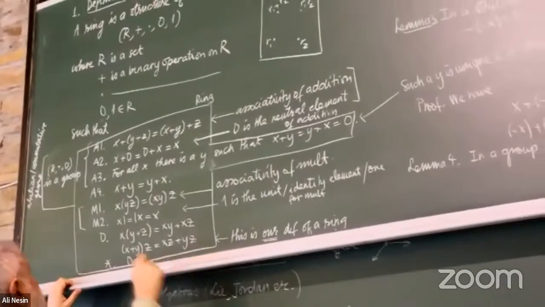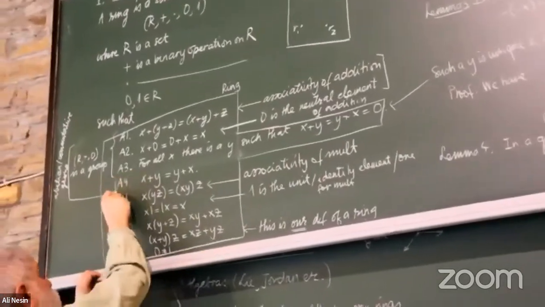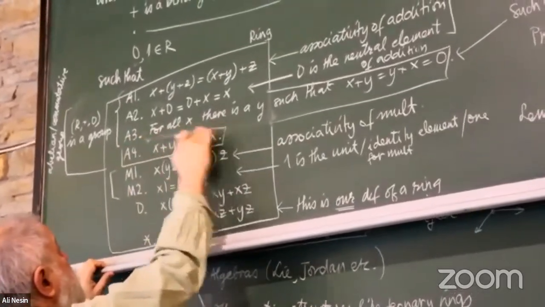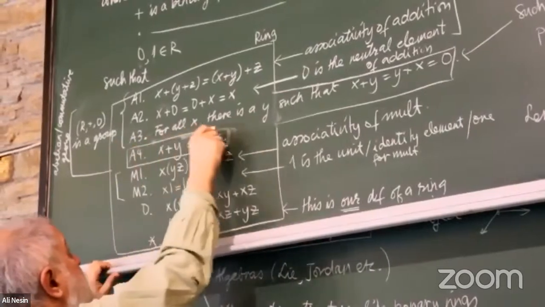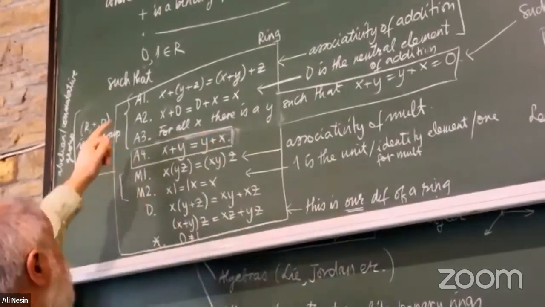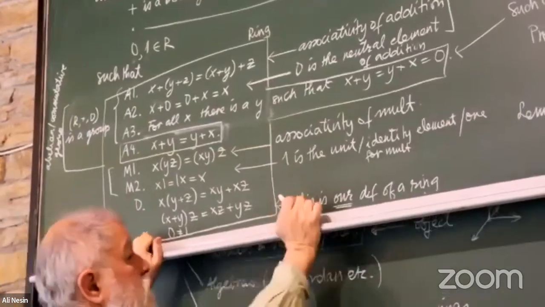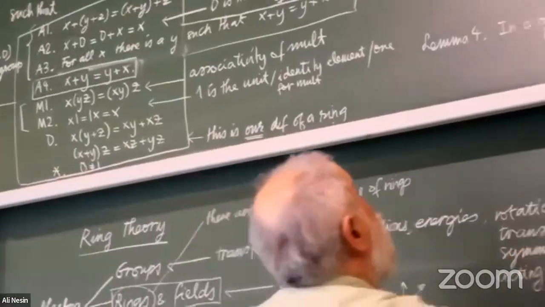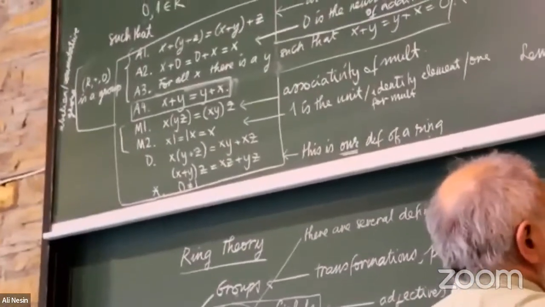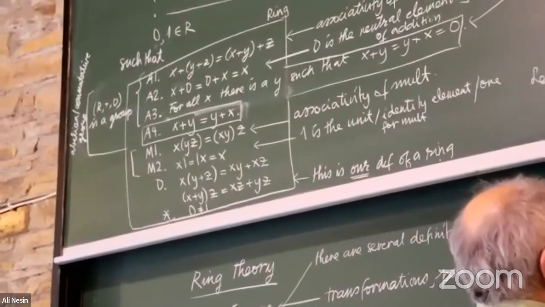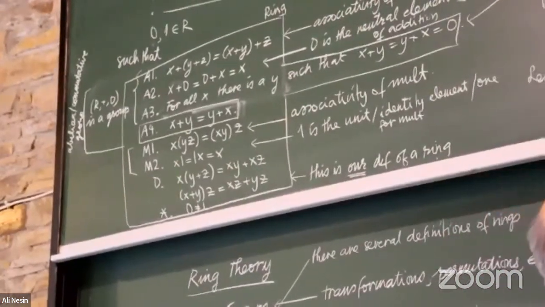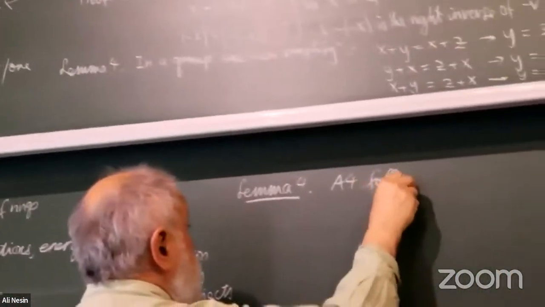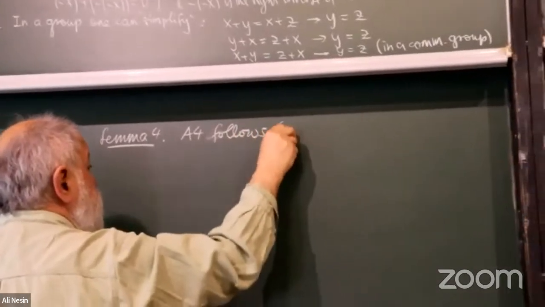By the way, A4 is a consequence of the other axioms. Let me prove it if you want to. Lemma 4: A4 follows from the other axioms.